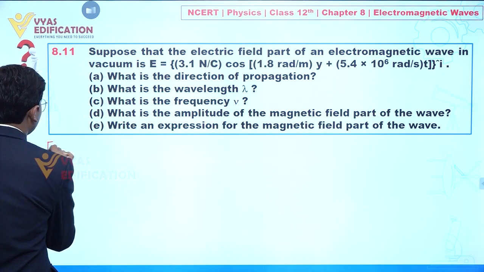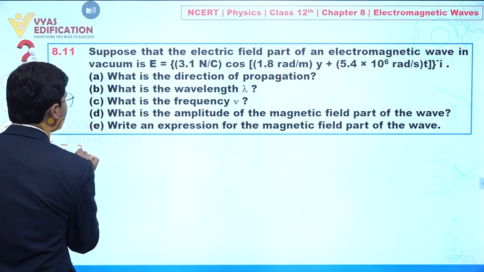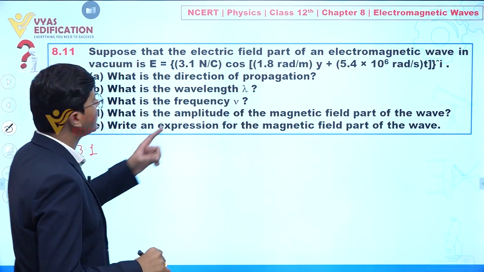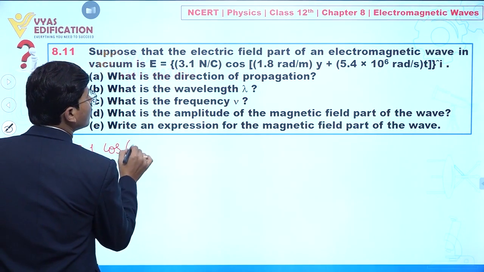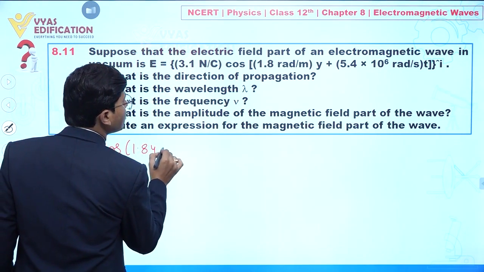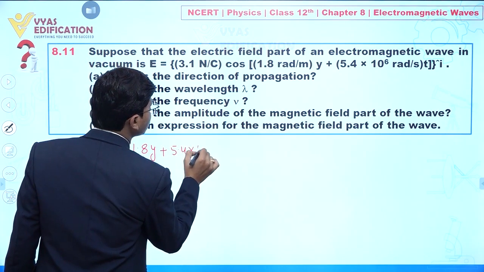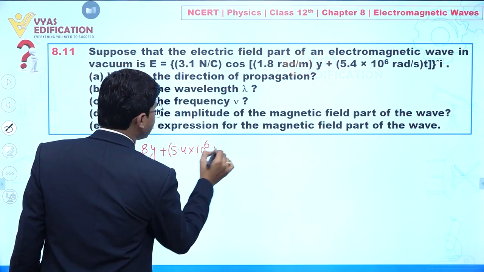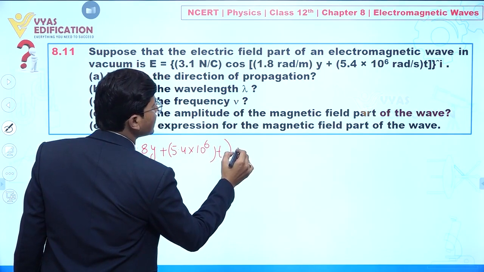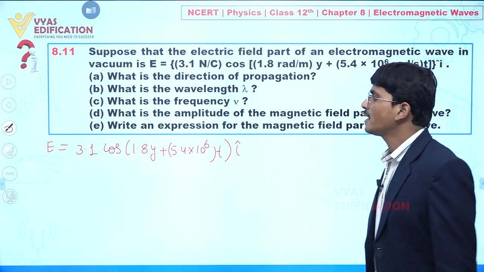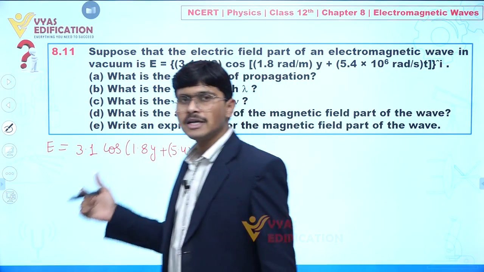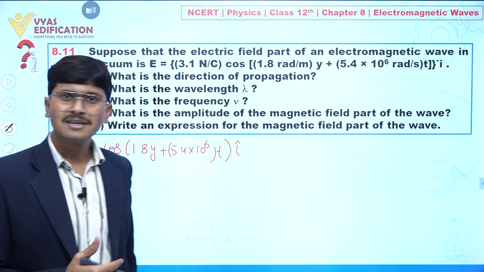The value 3.1 is the maximum value of electric field, 3.1 cos of 1.8 y plus 5.4 into 10 to the power 6 t, in the direction of i cap. So from here you can see that the electric field is oscillating in the x direction, clear to everyone.